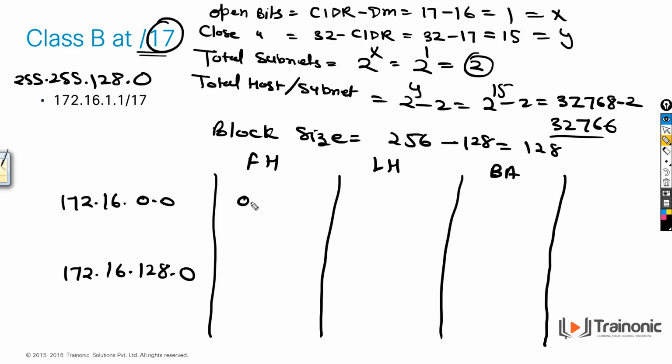First host will be 0.1, last host will be 127.254, and the broadcast address will be 127.255. Here in the next subnet, 128.1 is the first host, next is the last host.